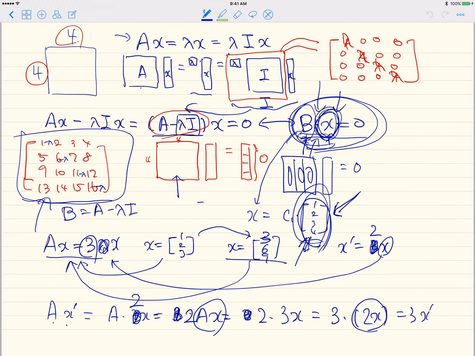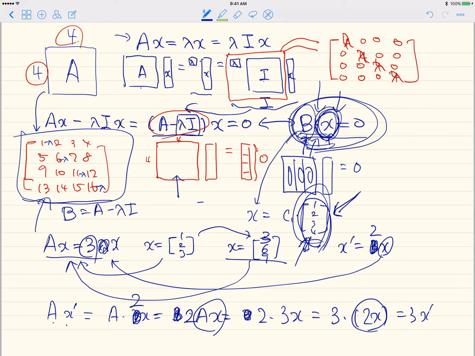Let me mention one more thing here. That is what we will learn in the next chapter, 5.2, I think. In this case, as I mentioned, your matrix A can be invertible or not invertible, but it doesn't matter because we have a freedom.